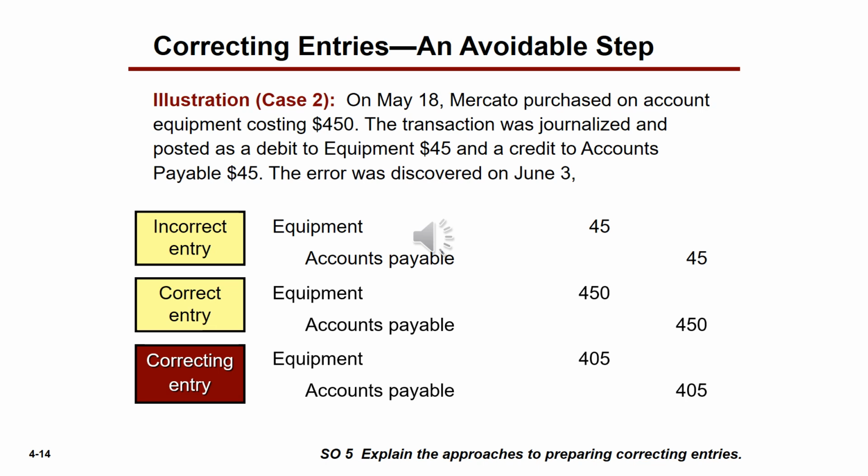But this time the amount is going to be the difference between the amount we initially recorded and the actual amount, right? So the difference between the 450 and the 45, which is $405, and thus that will bring up the amounts in the ledger accounts of the equipment and the accounts payable to the correct state.